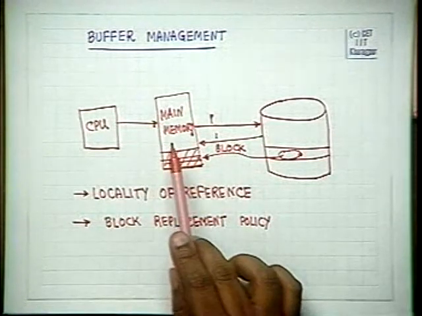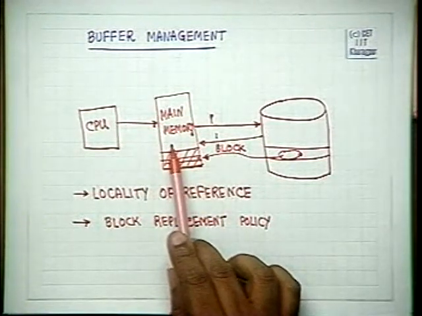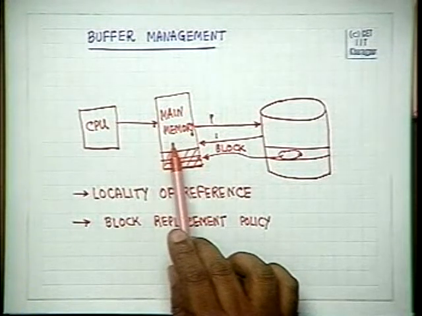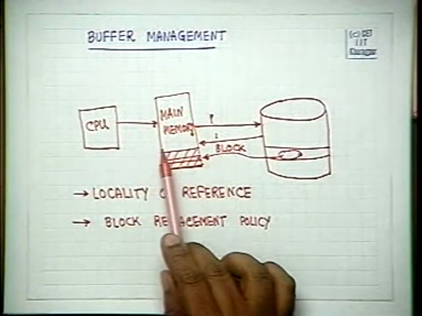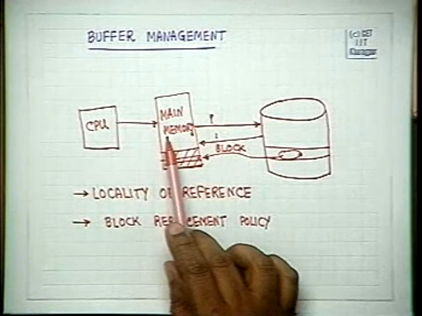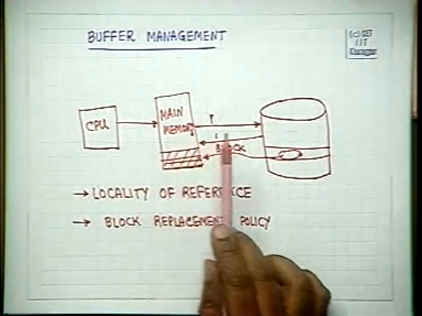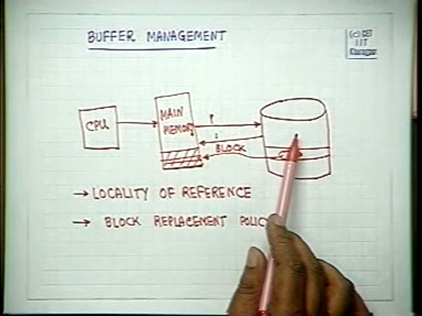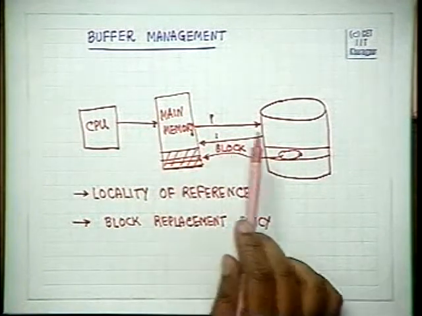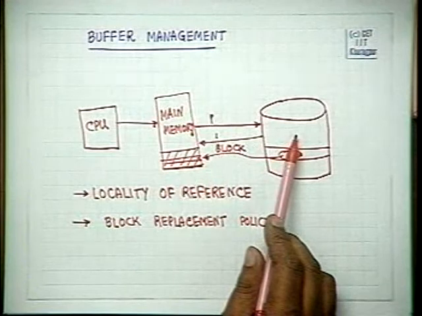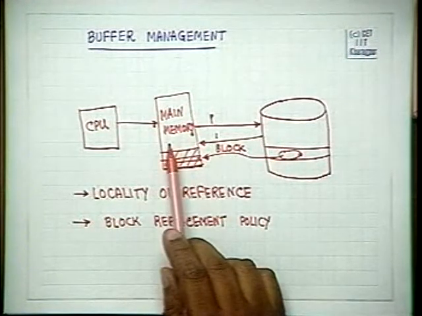Now, once you overwrite on some block which has already been brought, this block may have been already updated or may not have been updated. If it is already updated, then you have to copy it back. What are the modified contents? The whole block has to be copied back. If it is not modified, then it's fine.